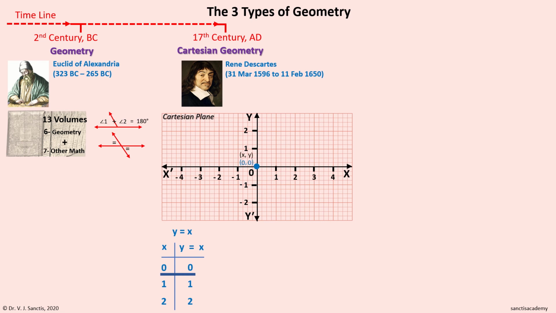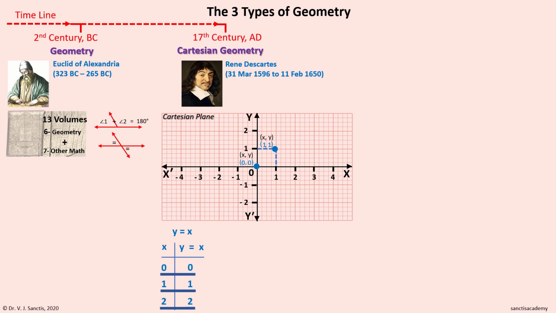The second set in the table, when x is 1, y is 1. Now in the Cartesian plane, x is equal to positive 1 along this line, and y is equal to positive 1 at this level, and the point where the two lines coordinate is where x is 1 and y is 1. The third set in the table, when x is 2, y is 2.